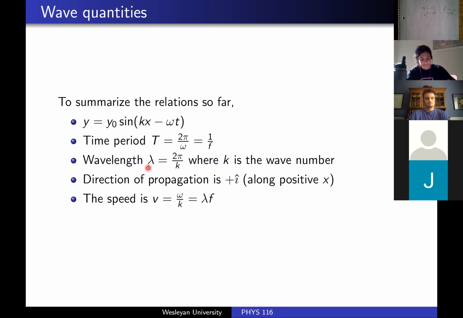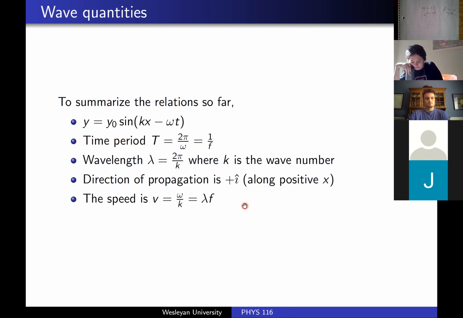So if you measure lambda in meters, then k would be measured in radians per meter. Similarly, f is measured in seconds inverse, and omega is in radians per second. We sometimes use hertz to refer to frequency, and 1 hertz is just 1 second inverse.